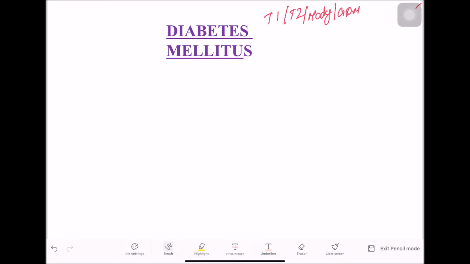First of all, we'll see what is type 1 diabetes mellitus. Type 1 diabetes mellitus occurs in childhood or in puberty stage, that is less than 30 years. Type 2 occurs at more than 40 years. What is the cause of type 1 diabetes mellitus? It is an autoimmune disorder.